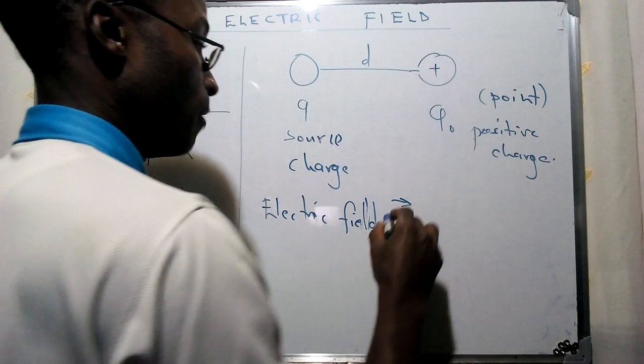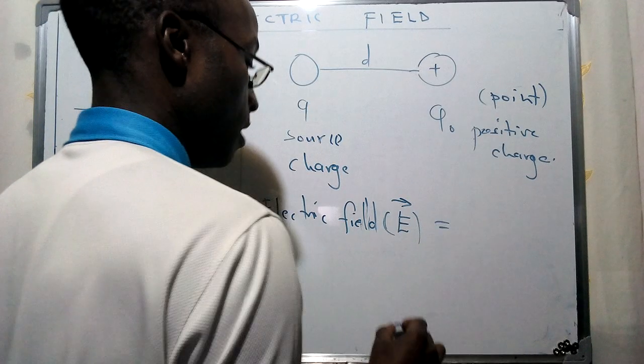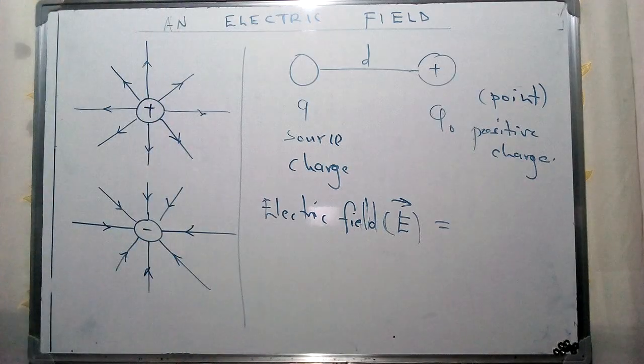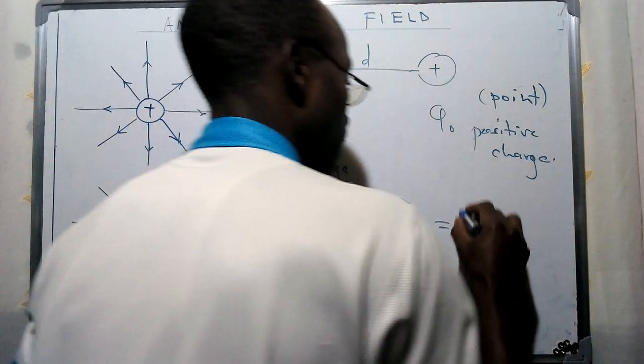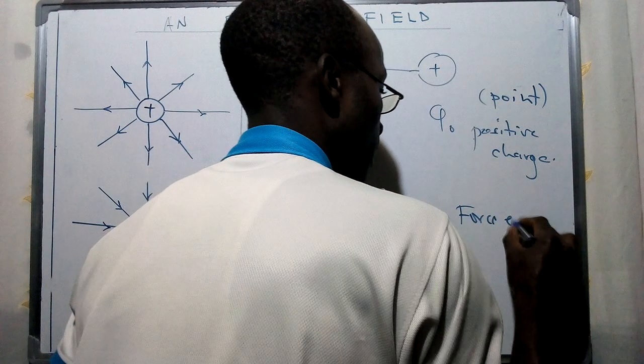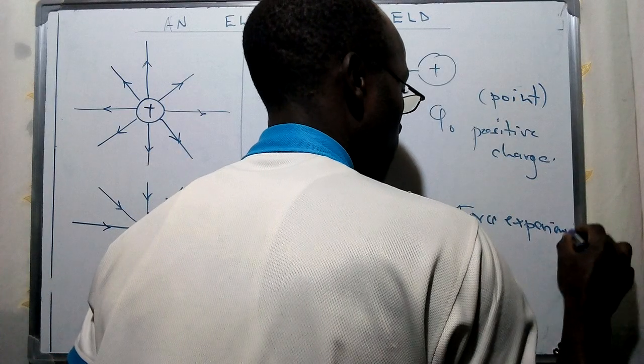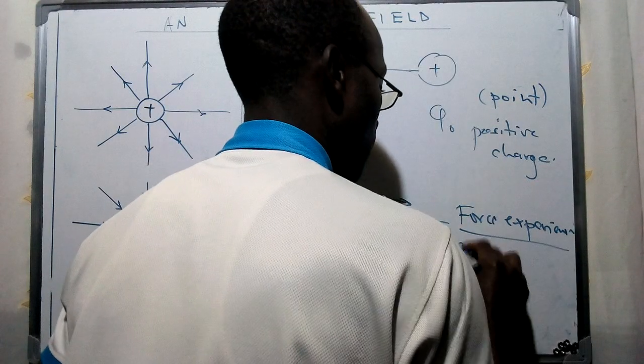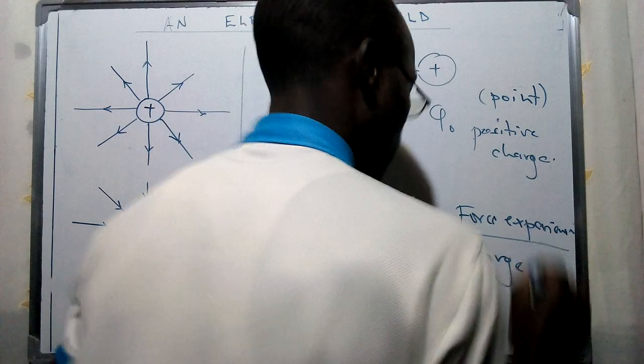We said this is going to be a vector quantity. Therefore, we give it as a ratio between the force experienced and the charge, the force experienced by that particular particle and the charge given as such.